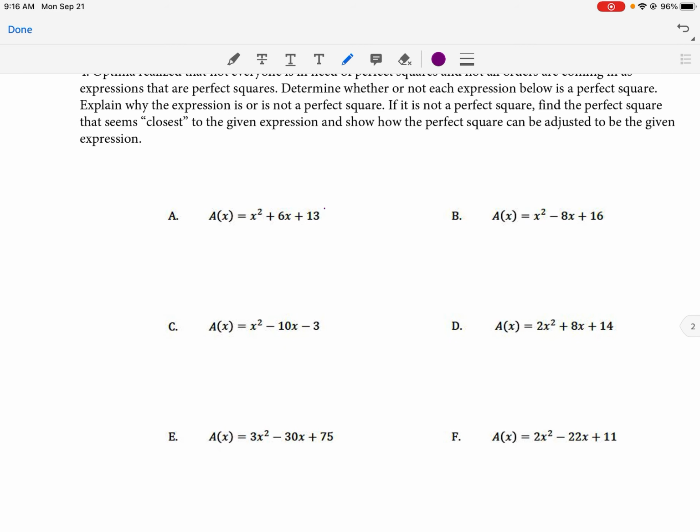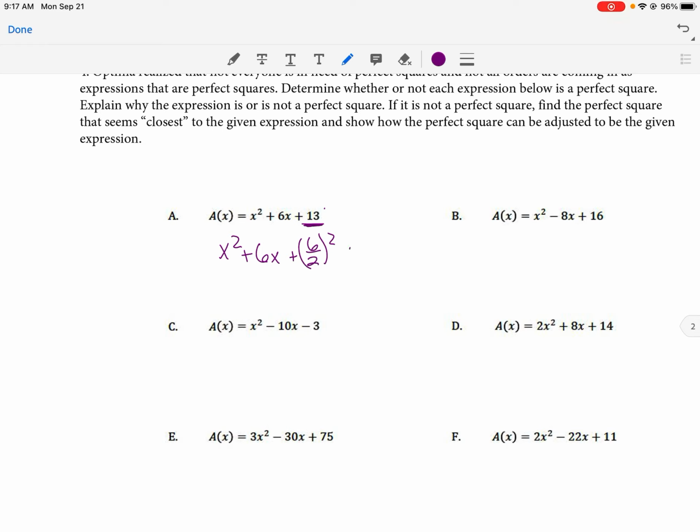Now we're just going to practice converting these in between standard form and vertex form. Remember, in vertex form, we do need to have that complete square. That's how we get it in a quantity. So I first look at this one. I notice here that 13 is not a complete square of something, which means I need to complete the square on that. To complete the square, we take b divided by 2. So 6 divided by 2 and square it.